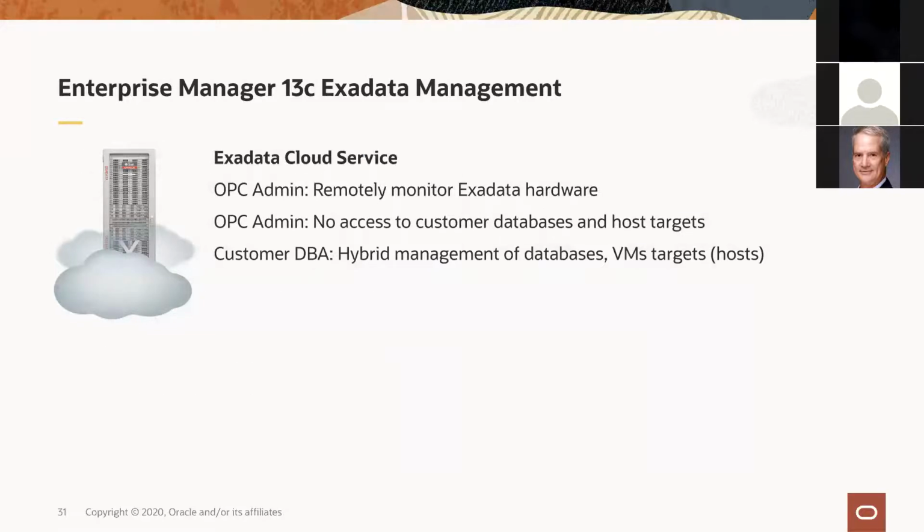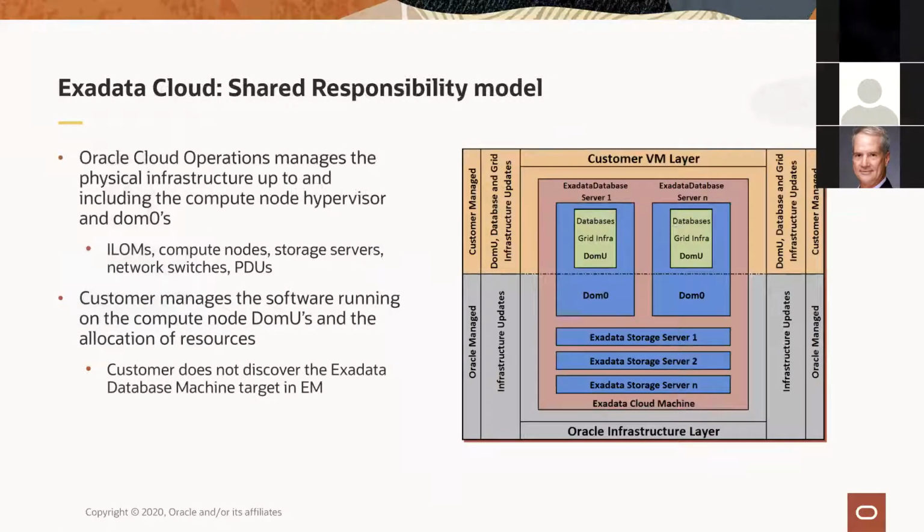So with Exadata, we also have the Exadata Cloud targets. So that's Exadata Cloud at Customer and Exadata Cloud Service. And the difference between an on-prem Exadata system and an Exadata Cloud target is that we have a shared responsibility in managing and monitoring the infrastructure.